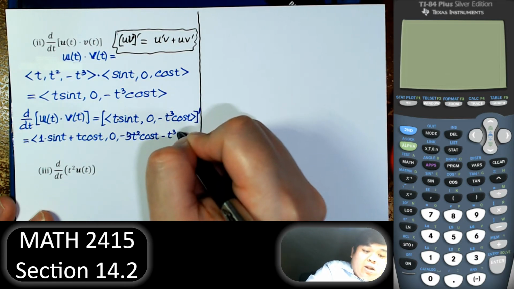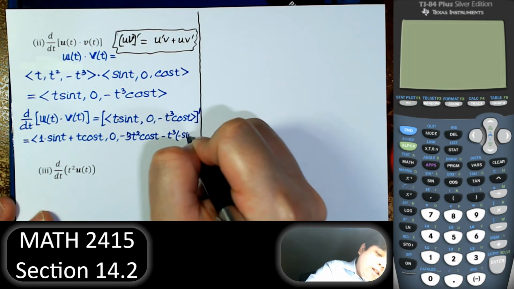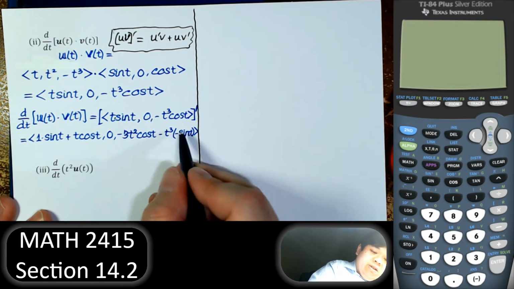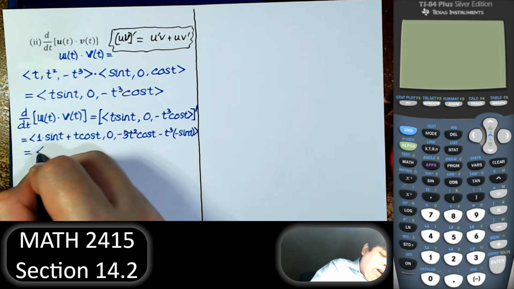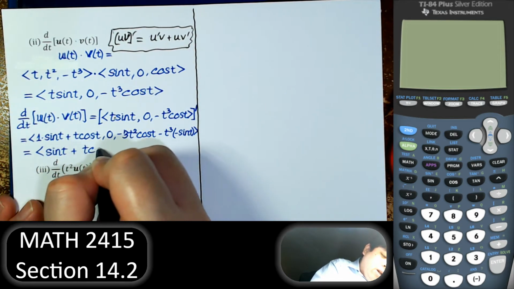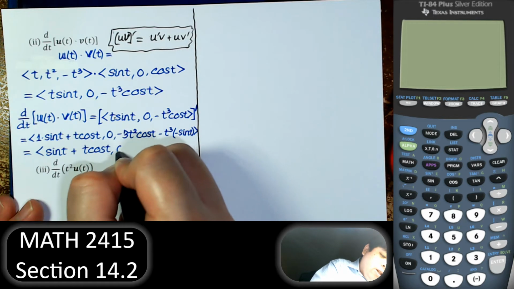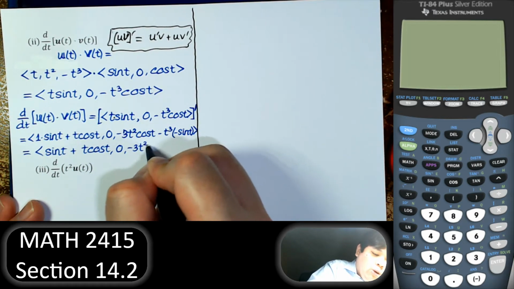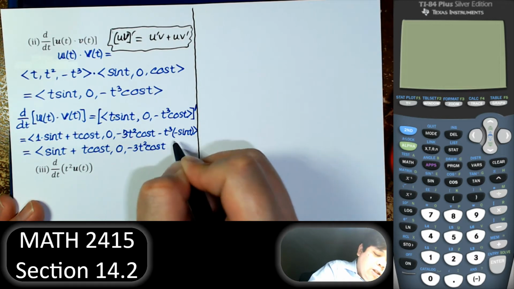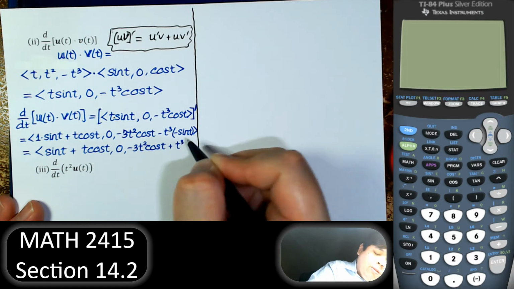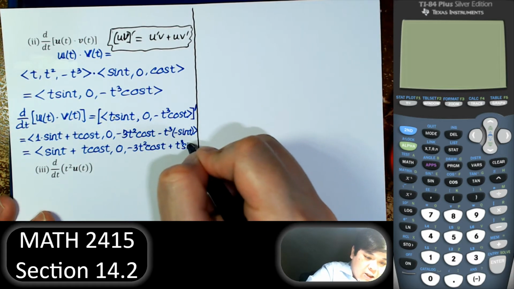The derivative of cosine t is negative sine t. So put those together, negative and negative. The only thing we can simplify here is sine t plus t cosine t, 0, and then we have negative 3t squared cosine t, negative that plus t cubed sine t.